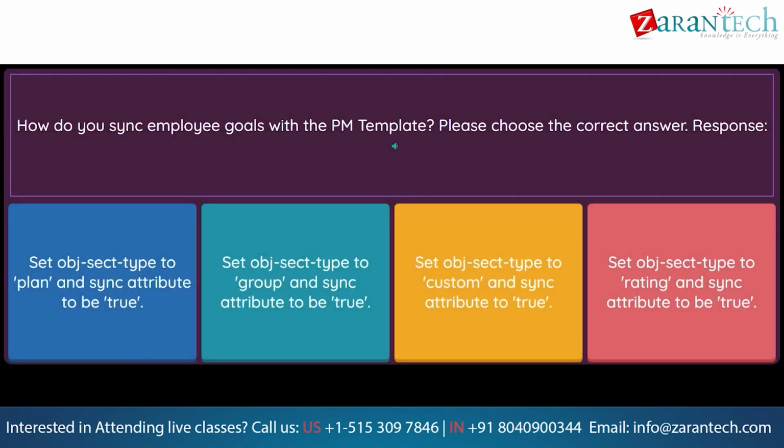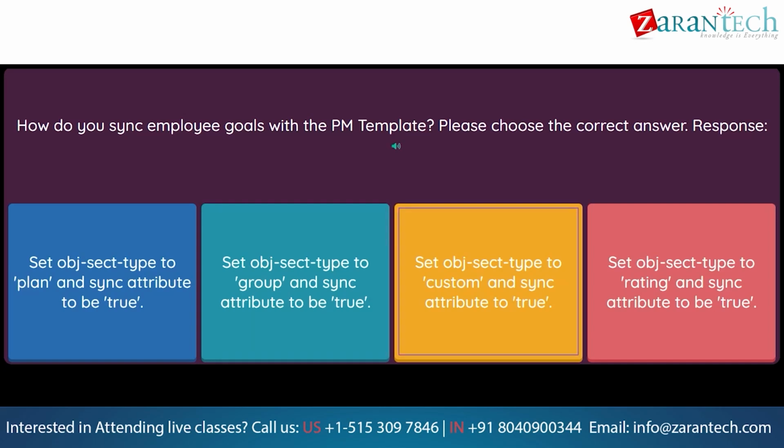Question: how do you sync employee goals with the PM template? Please choose the correct answer. Response. Option 1 Set up JSEC type 2 'plan' and sync attribute to be 'true'. Option 2 Set up JSEC type 2 'group' and sync attribute to be 'true'.